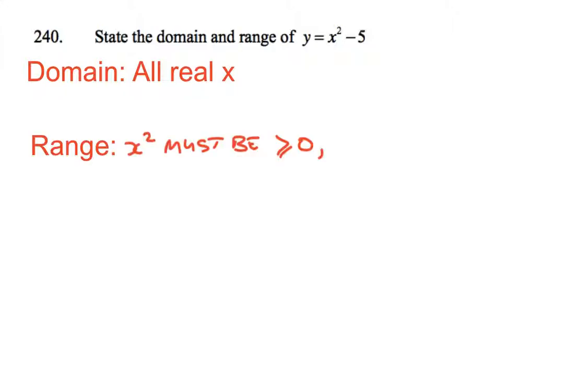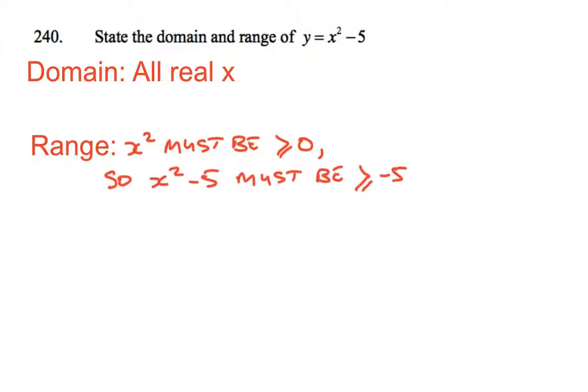Now y values are going to be restricted because of this section of the function, x squared. When you square something, the lowest your result can be is 0. So if you then take away a 5, the smallest that right hand side can have as a value is minus 5. It can't get any smaller than that. x squared can't be negative, so you can't get any lower than minus 5 overall on that right hand side.